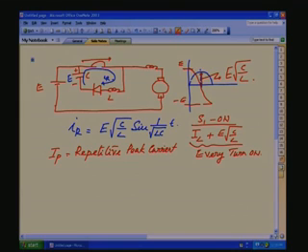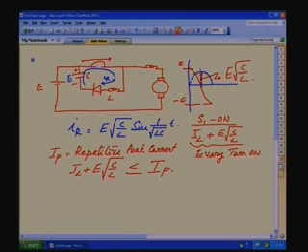So, we should ensure that IL plus E into root C by L should always be less than or equal to the repetitive peak current.